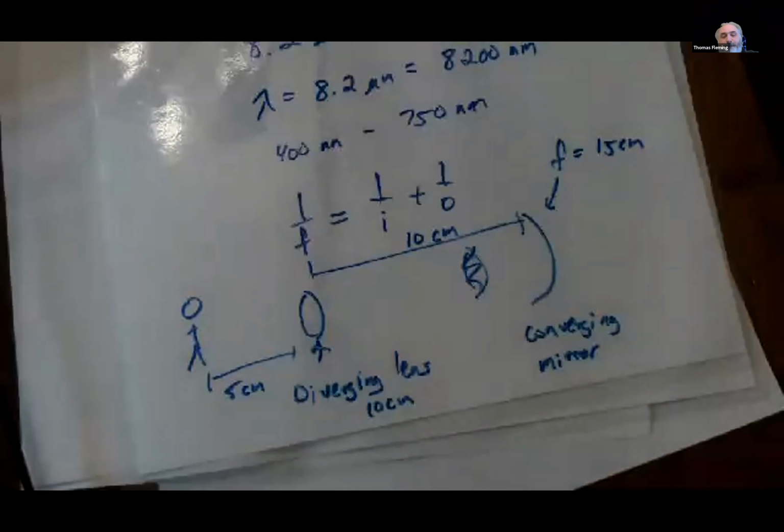How could you do that? We're going to find I first for the diverging lens. It's going to be 1 over minus 10 equals 1 over I plus 1 over 5.